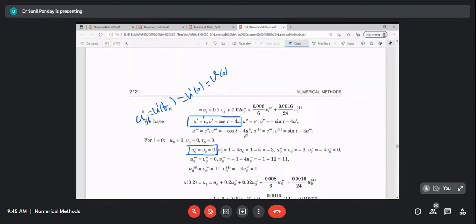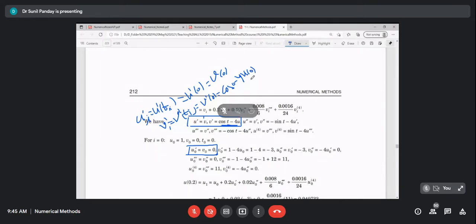Then we require how to calculate v i dash. It means v dash at t i, which means v dash at 0. So what is v dash? v dash is cos t minus 4u. It means cos 0 minus 4 of u0. And what is the u0 value?